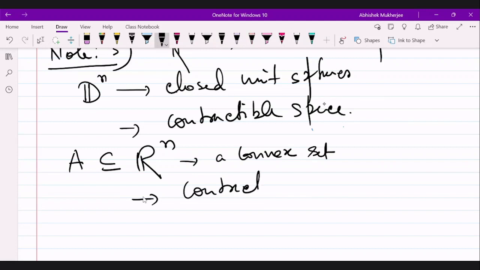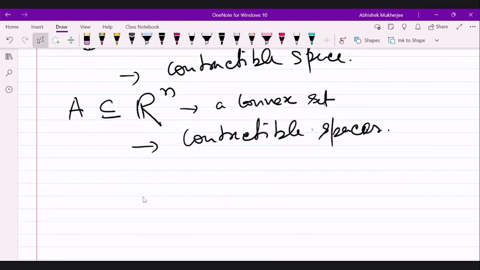So generally it is true. So there are many examples of contractible spaces. Okay. We can also define this contractibility of some space using deformation retract. Okay. But that will come up later.